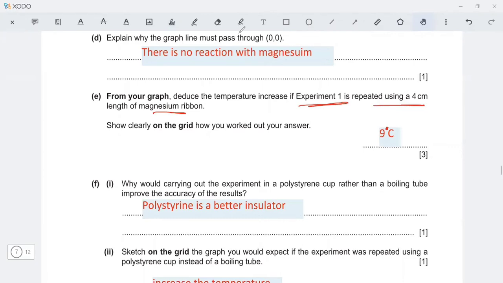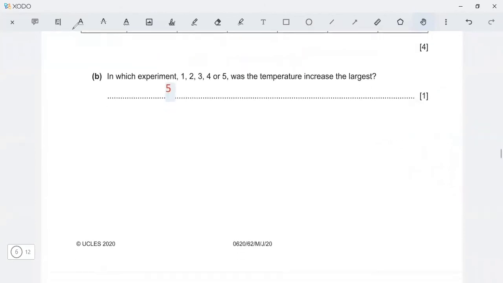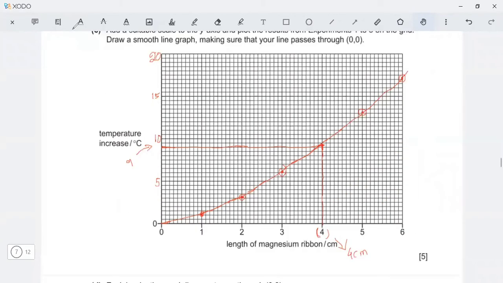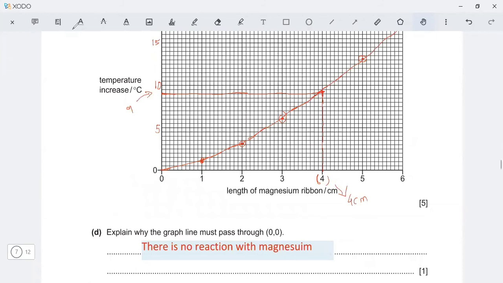You have to look at the graph at 4 centimeters, and then find the temperature. Here the 4 centimeters I have already marked. What you have to do is draw a line from 4 centimeters until it touches the line graph. Then after touching the line, you go for a horizontal line towards the temperature scale.